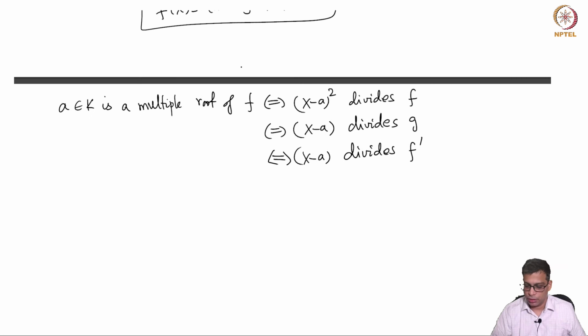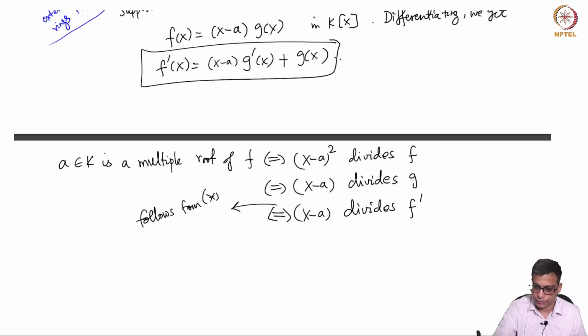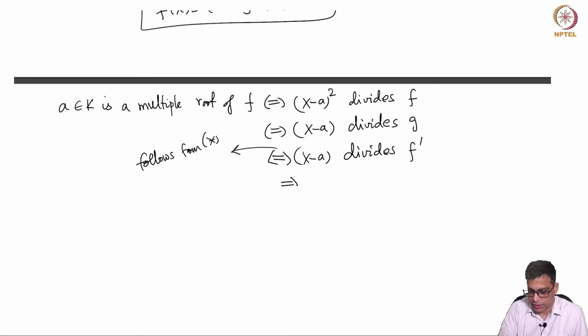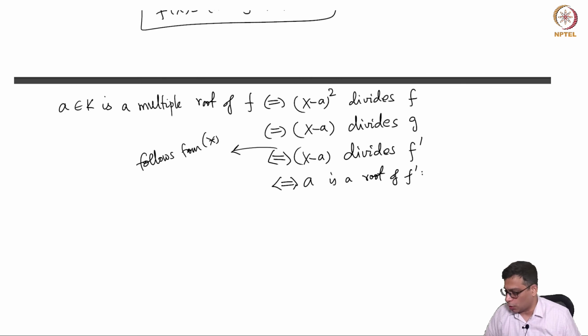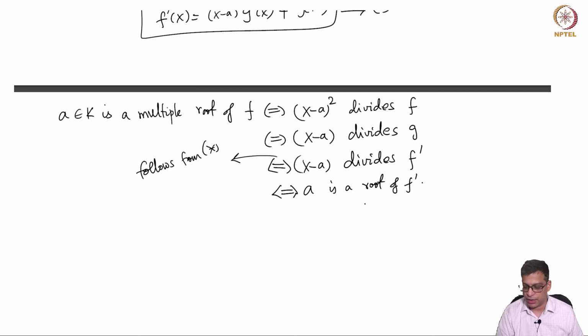So this implication follows from the star equation. But if x minus a divides f prime, that's the same as a being a root of f prime. So a is a multiple root of f if and only if a is a root of f prime.